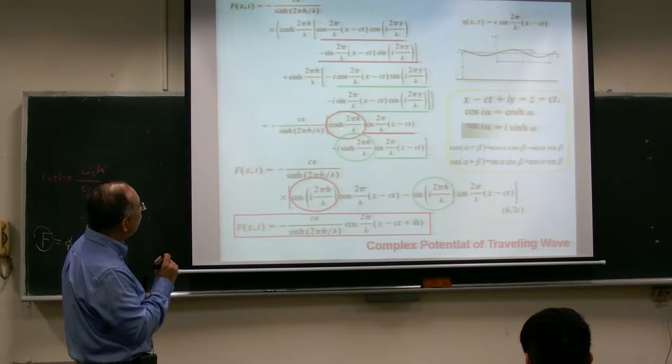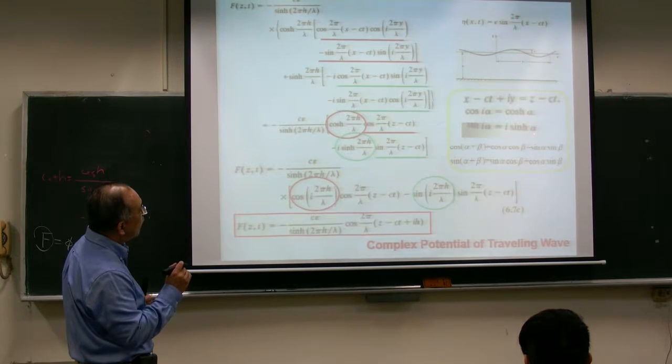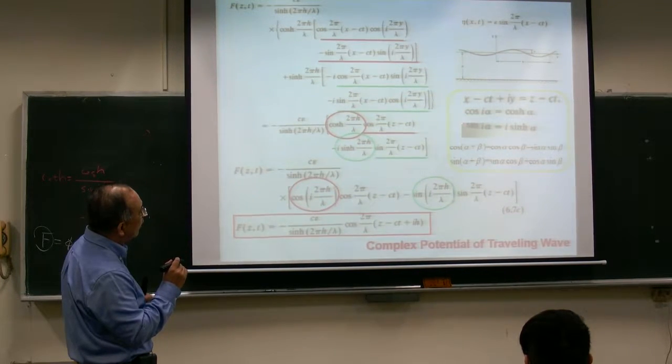So this can be changed to cosine I times this. And then this hypersine here can be changed to sine, and you have to multiply by I. This multiplied by I becomes minus 1. So this is minus I sine I alpha.